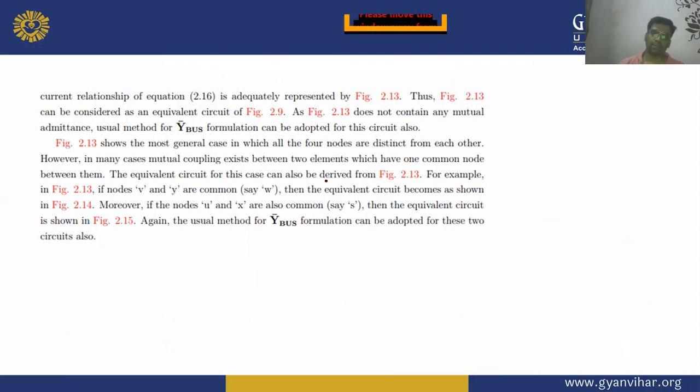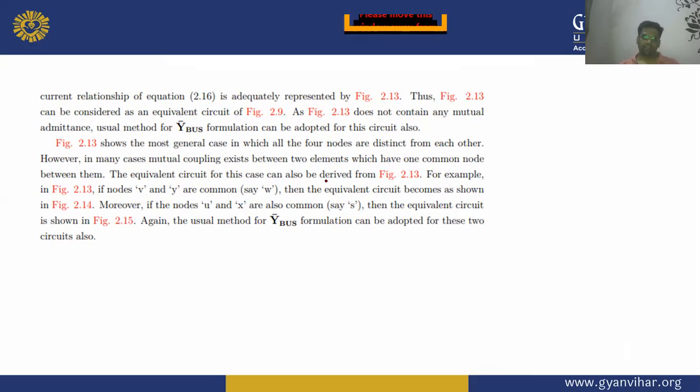Therefore, figure 2.13 can be considered as an equivalent circuit of 2.9. It does not contain any mutual admittance. The usual method of Weber's formulation can be adopted for this circuit also. We can also find the Weber's formulation for the non-coupling transmission lines by using the current injection method.